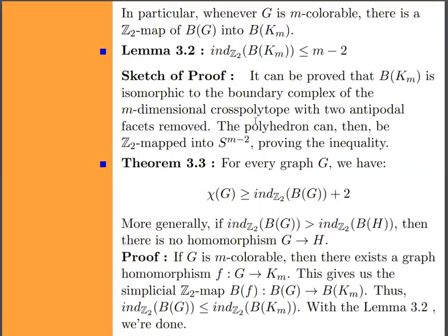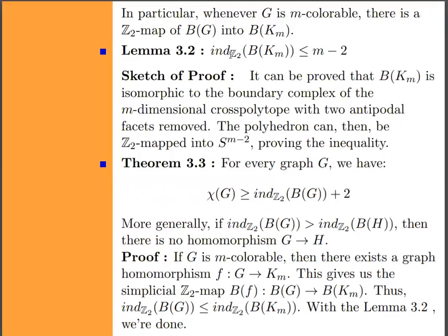Now using this lemma, we can prove this inequality. We know that B of G Z2 maps into B of K_m. That just means that the index of B of G is less than or equal to the index of B of K_m.